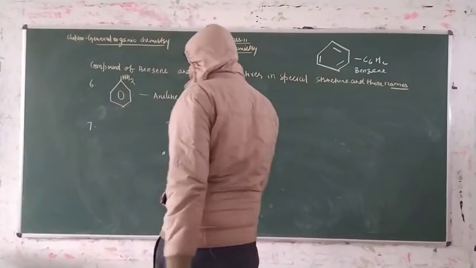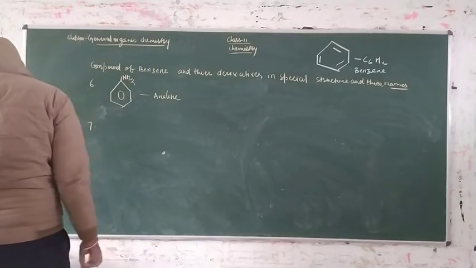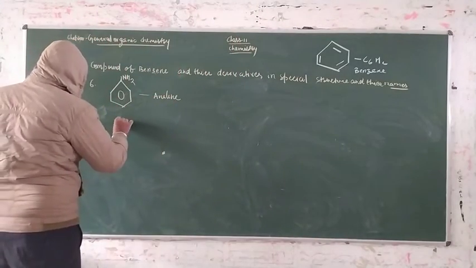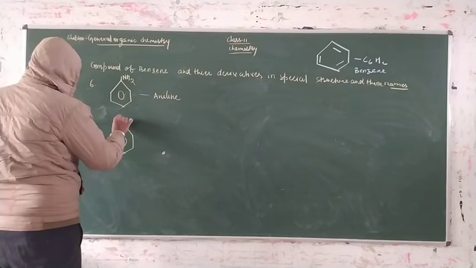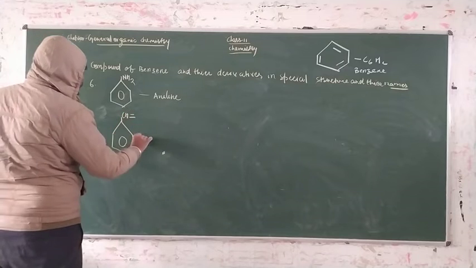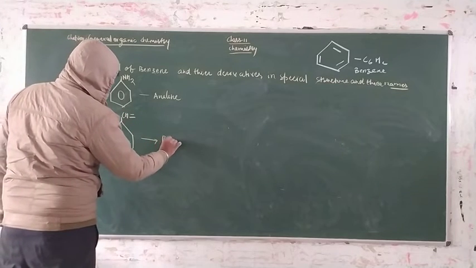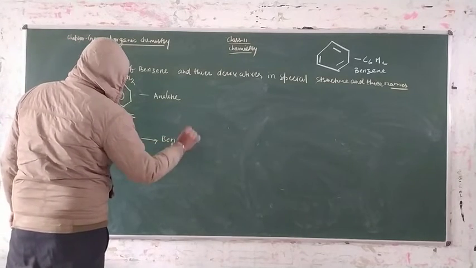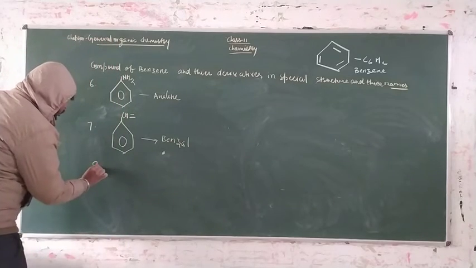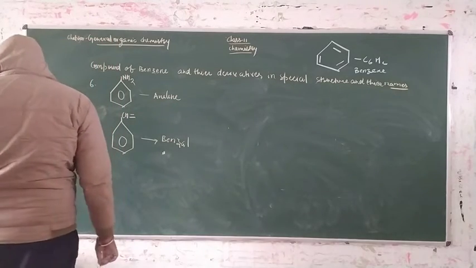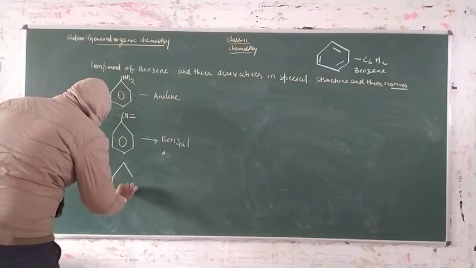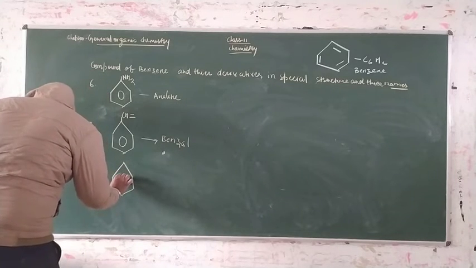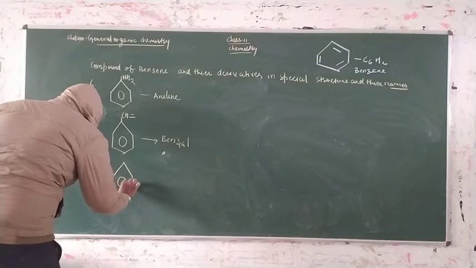Now the next one, the seventh combination: when you represent the benzene structure with one CH with a double bond, the structure is known as benzal.